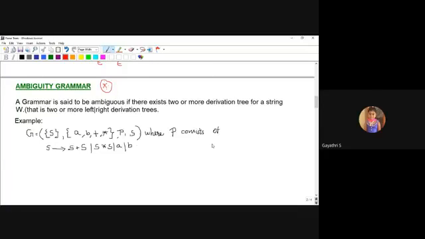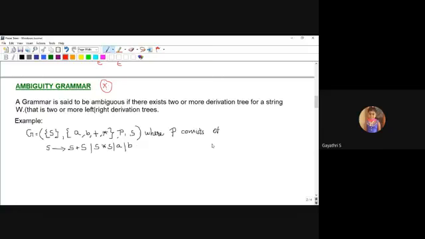Ambiguity. Okay, that is the problem which is raised here. So our goal is to make a grammar which is unambiguous. So you have to remove the ambiguity. The problem is how to remove this ambiguity. These concepts will be covered in the next semester subject, compiler design.